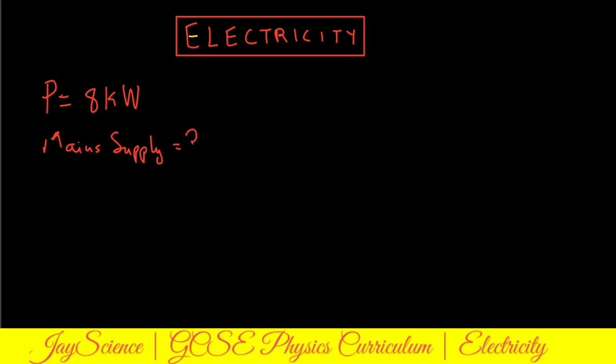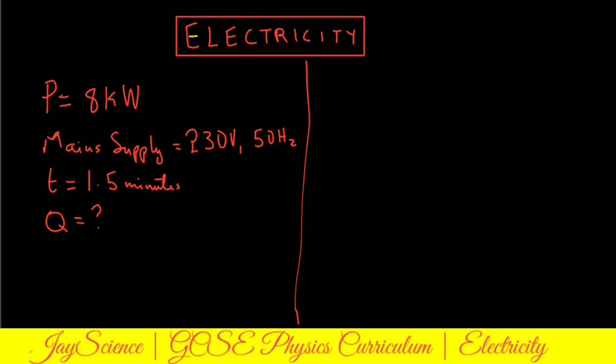Let's say that is 230 volts at a frequency of 50 hertz AC, alternating current. If the charge flows in the electric motor for a time of 1.5 minutes, how much charge do we have flowing in the appliance?